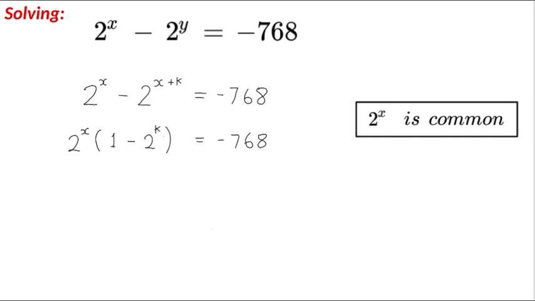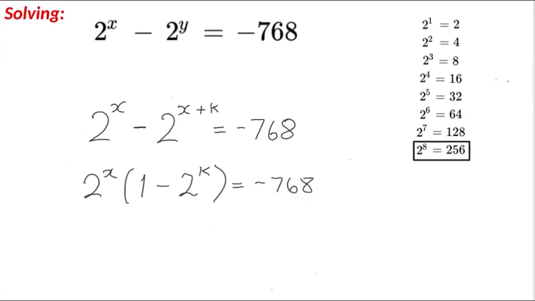Now what we're going to focus on is the breakdown of the two products on either side. So if we're looking at this expression, we can break the minus 768 into a product of 256 by 3, as 768 is divisible by 3.